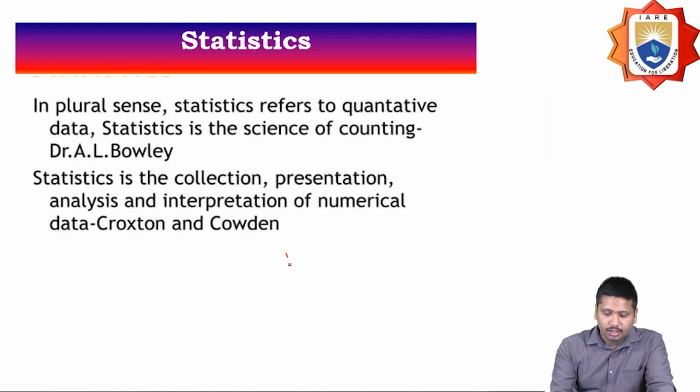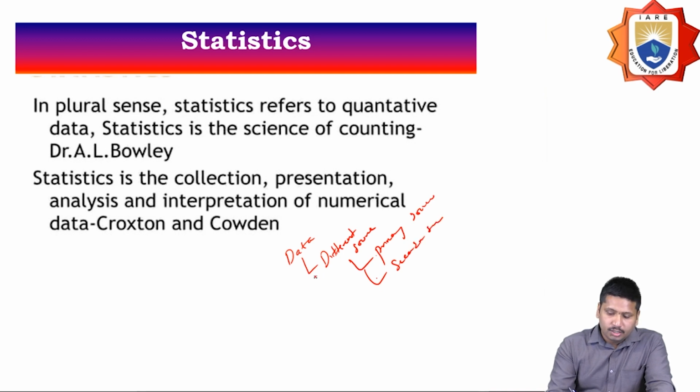The data we have may come from different sources, like a primary source and a secondary source. This data is again divided into two categories, qualitative data and quantitative data.